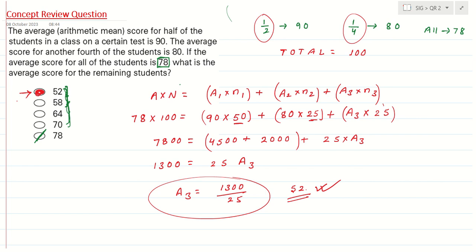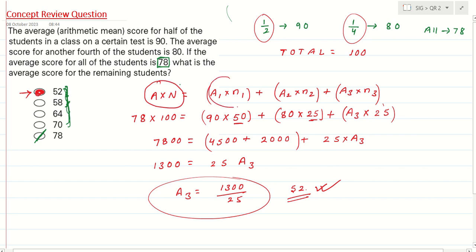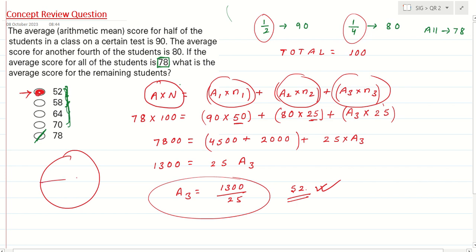That's the answer. See, the same thing I can also do using the pi, isn't it? So 1 pi required here, 1 pi required here, 1 pi required here. Same thing, no? So I know that the pi says that if I have an n1 and I have a1 and multiply, I'll get sum 1.